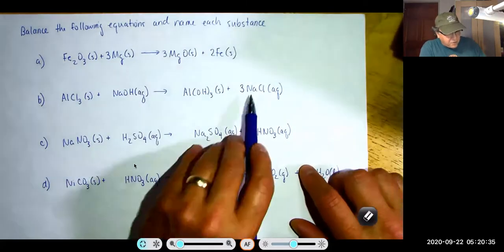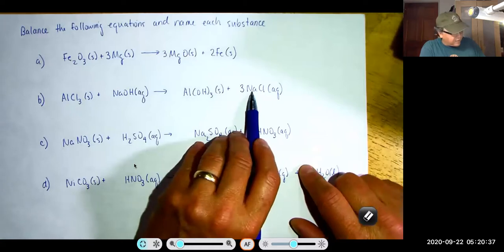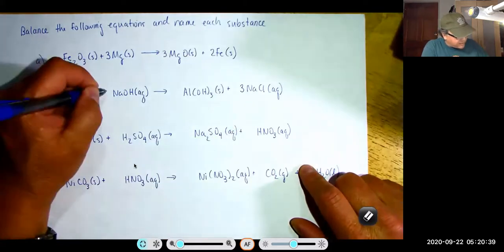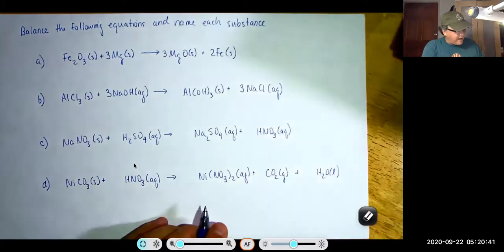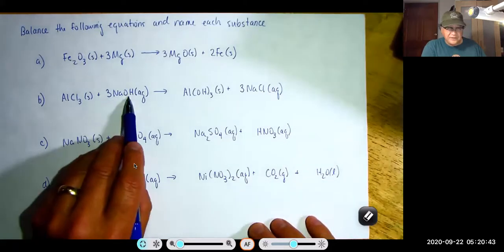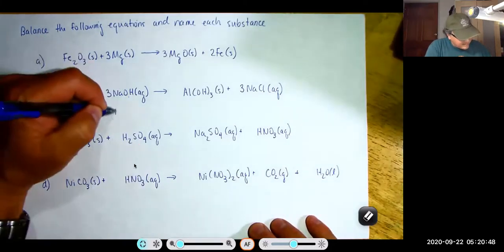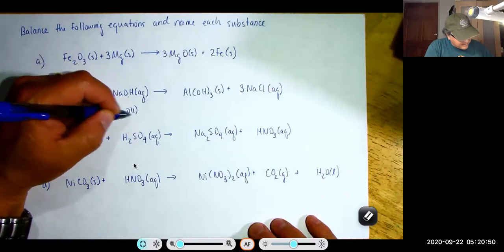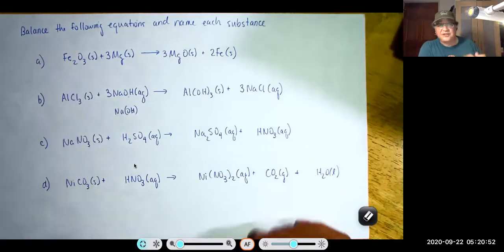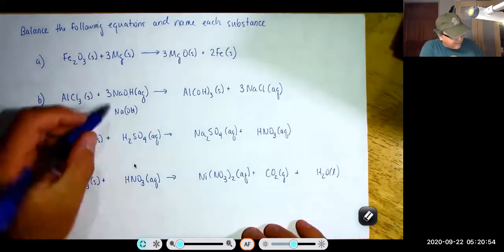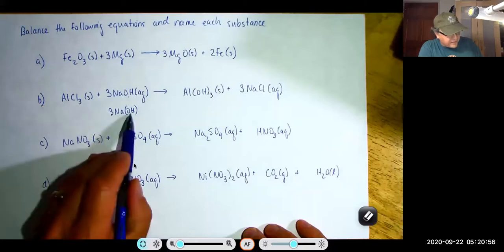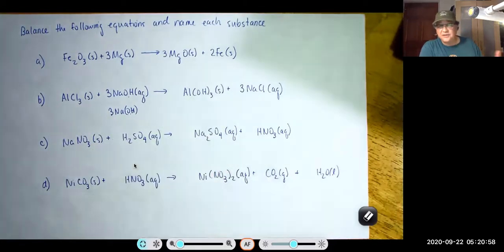I have 3 sodiums here and 1 here, so I'm going to put a 3 here. And now I have 3 hydroxides. I can pretend there's parentheses around that and see that if I have a 3 here, it's 3 of those, and here I have 3 hydroxides. So this is balanced.